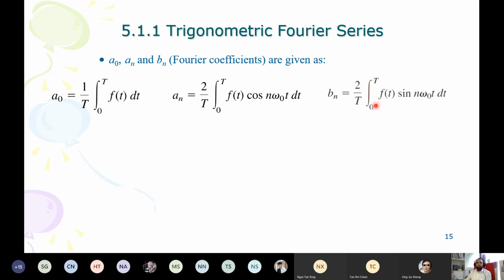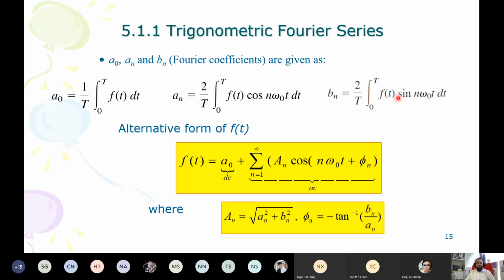If you remember, it is something similar to finding Laplace. Instead of cos n omega naught t, we were multiplying e to the minus st. Eventually we will see that this cos and sine will come together to make the exponential function. But at the moment, just focus on this one.